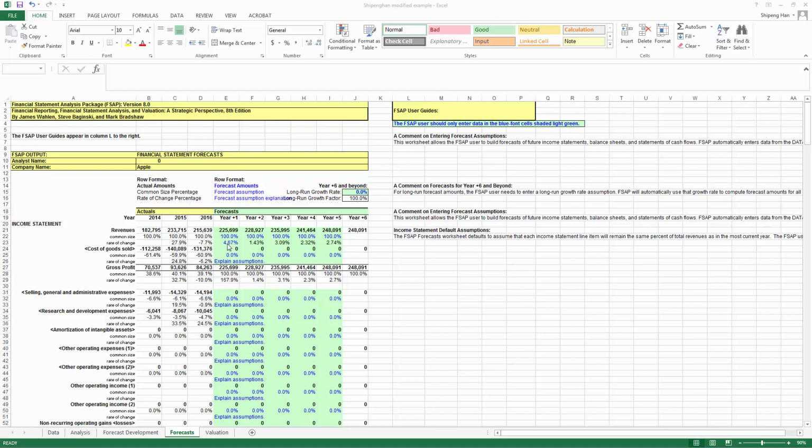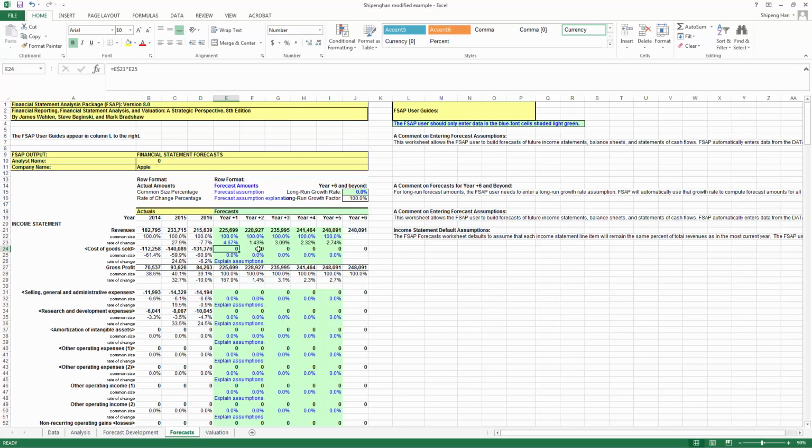The reason I keep the growth rate is because some accounts in either the income statement or balance sheet share the same growth rate with the revenues. Now we forecast the first item in the income statement, cost of goods sold. For cost of goods sold, we usually use common size analysis to forecast.